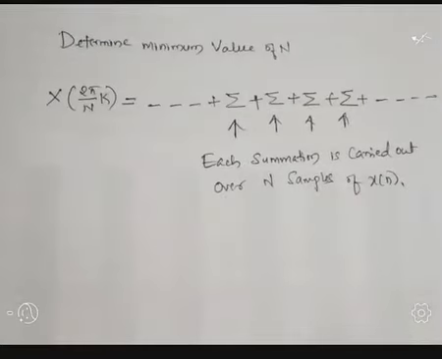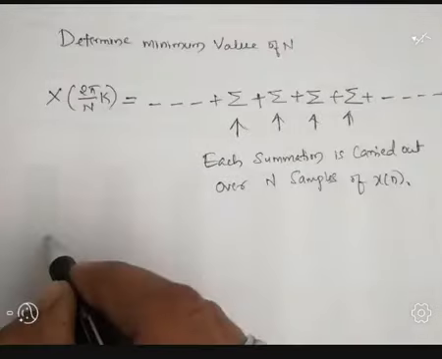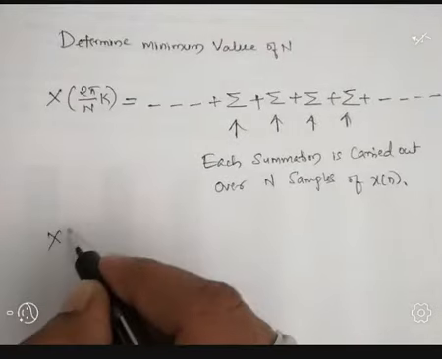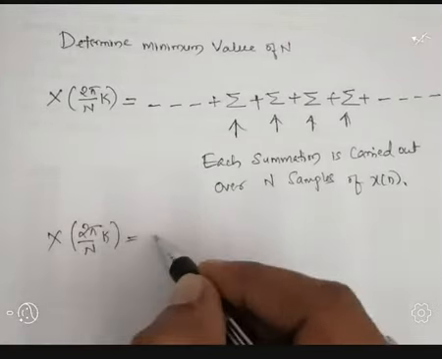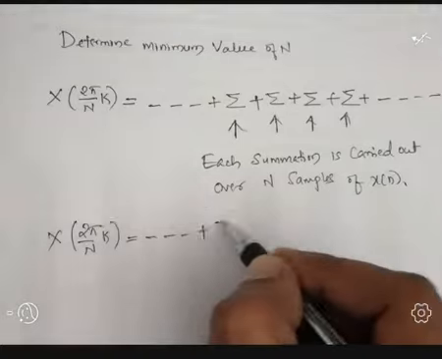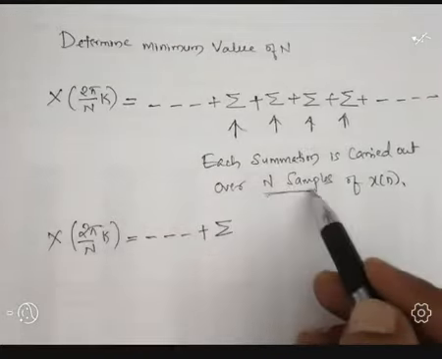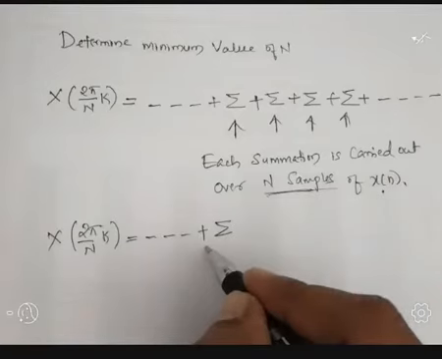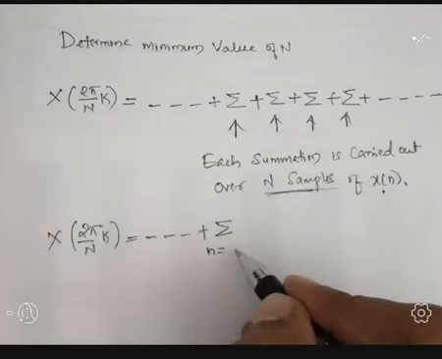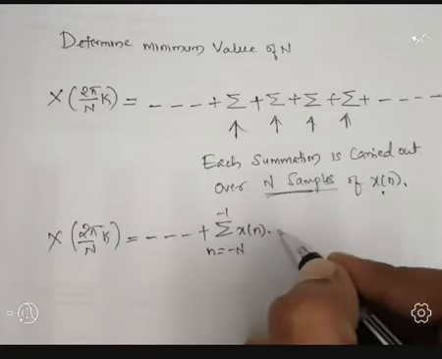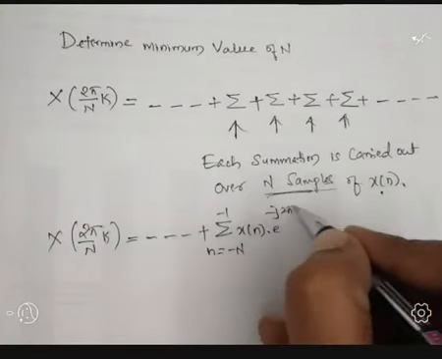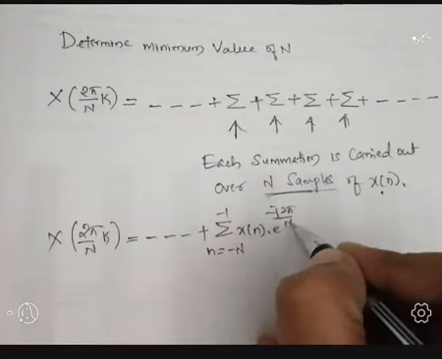Therefore the above equation, equation number 2, can be written as X of 2 pi by N into k is equal to, so each summation term carries N samples of x of n. Generally I will write, n varies from minus N to minus 1, x of n e to the power minus j 2 pi by N into kn.